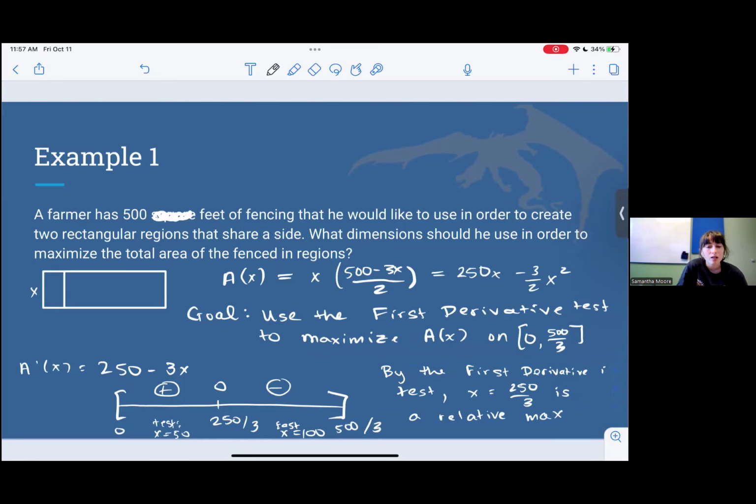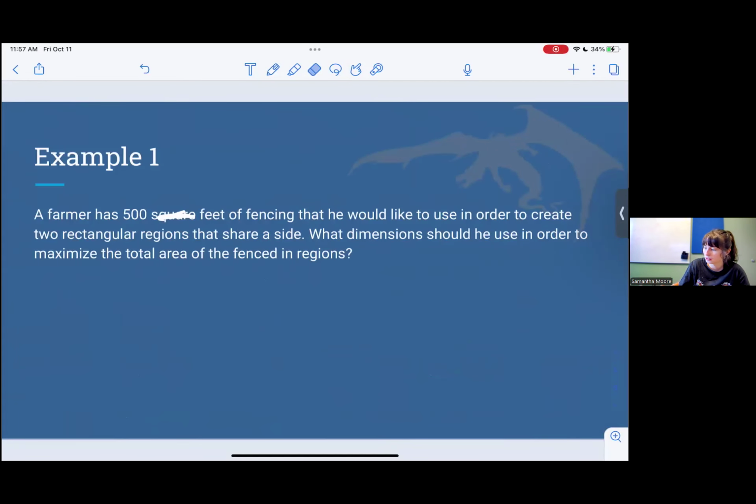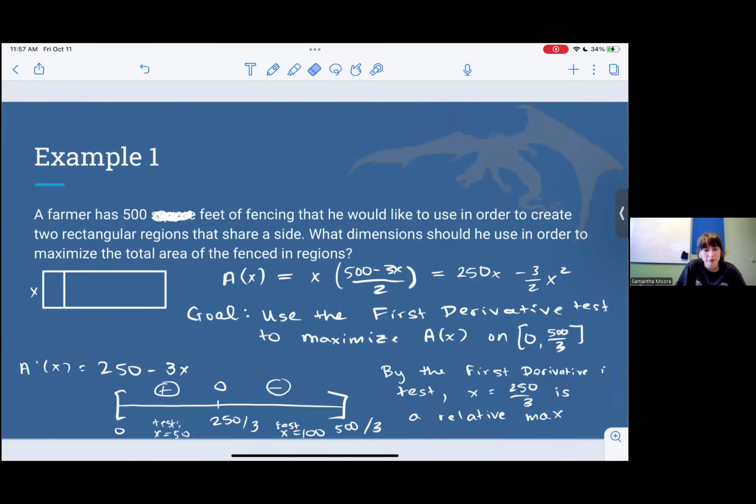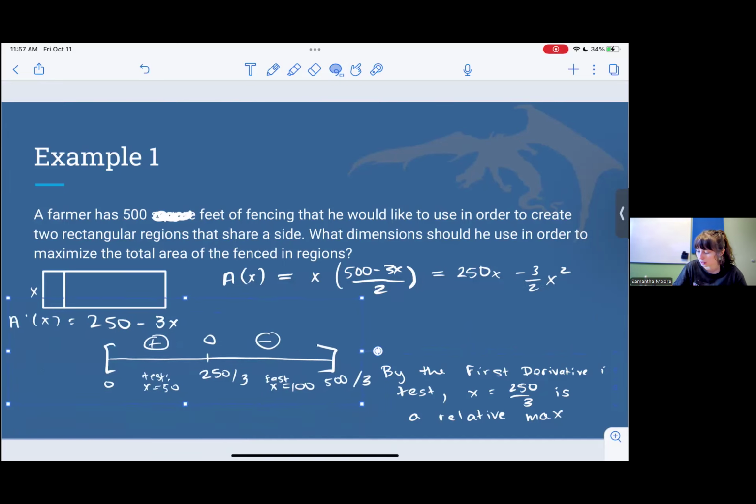Okay. But don't forget, when we do the first derivative test on closed intervals, we always have to be careful and think back about our endpoints. And so what we're going to do now is make sure that that really is where the maximum area happens by checking our endpoints.